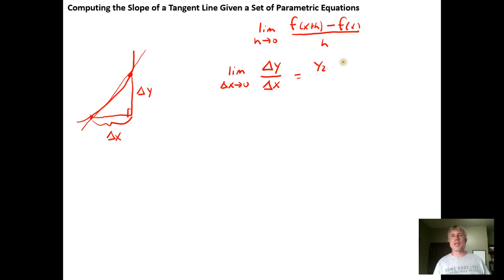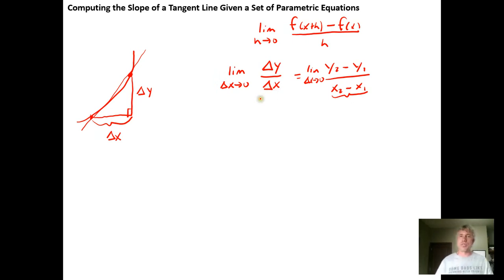We can say y2 minus y1 over x2 minus x1. We'll take the limit as delta x goes to 0, because x2 minus x1 is just the change in x. And in fact, in the difference quotient, all we did is give x2 minus x1 the name h.